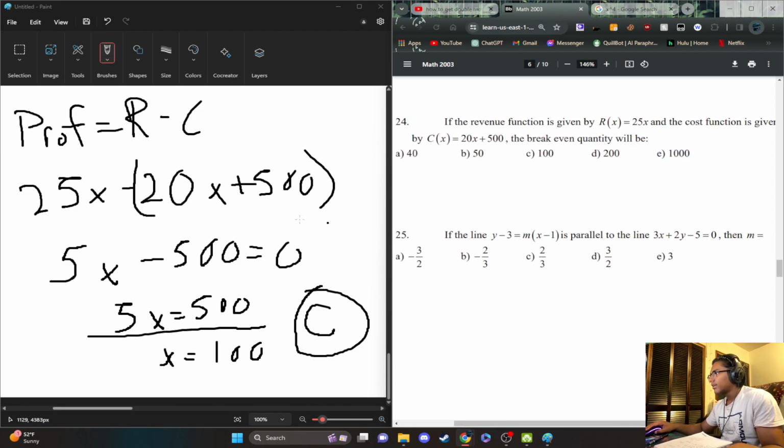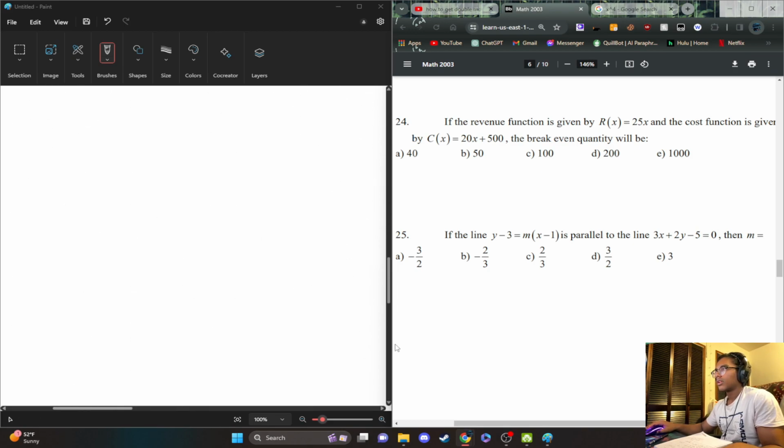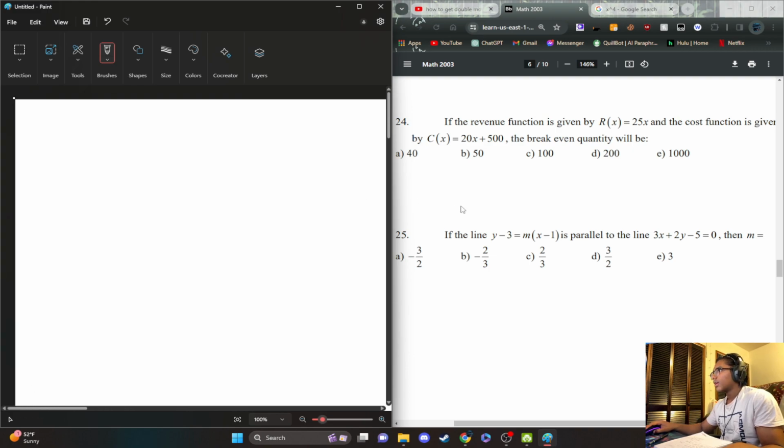Okay, so the line y minus 3 equals m times x minus 1 is parallel to this, right? So all it's asking is, if it's parallel, that means it has the same slope. Perpendicular means it has the opposite slope, and parallel means the same slope. So we just find the slope of this line right here. Let's write it out. 3x plus 2y minus 5 equals 0, right?